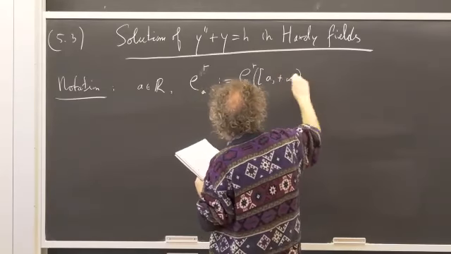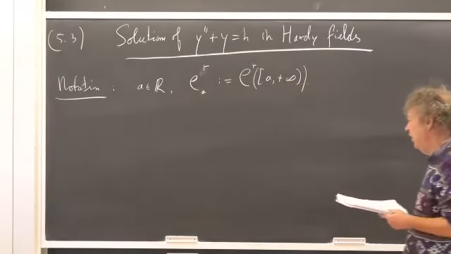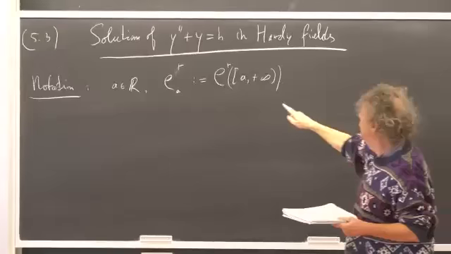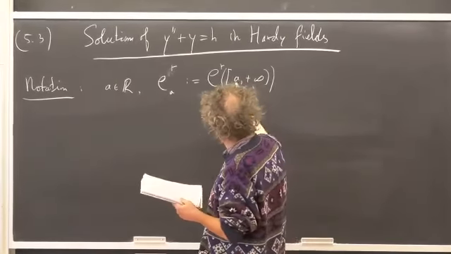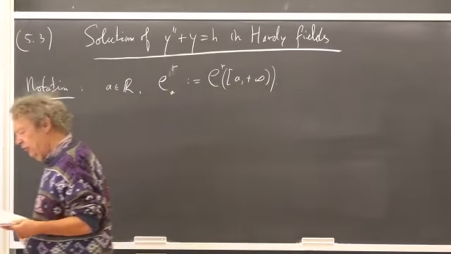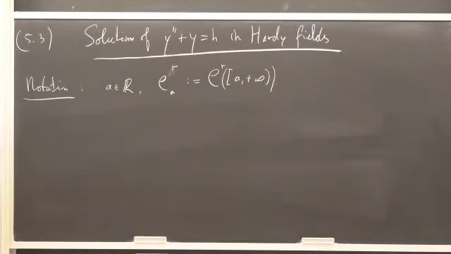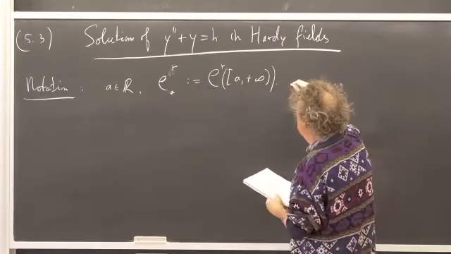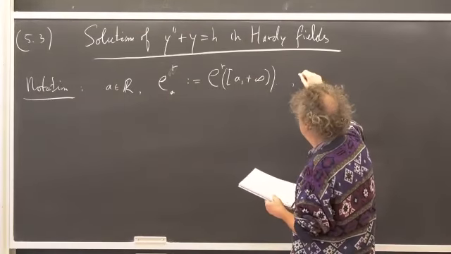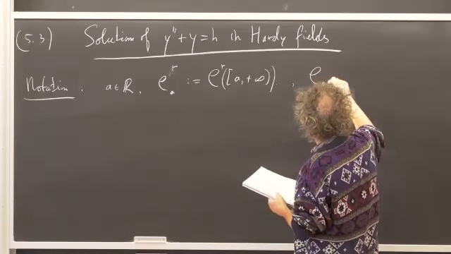In other words, the r times continuously differentiable functions on this half line. Note that I include a because I want my function to have a value at a. And of course for r = 0, we just say C_a.